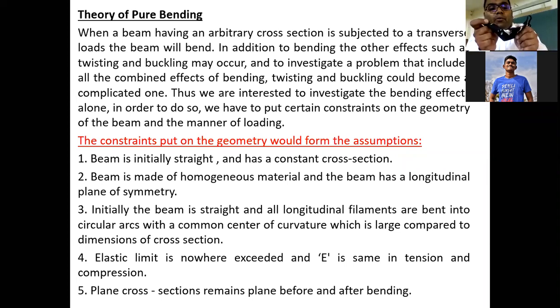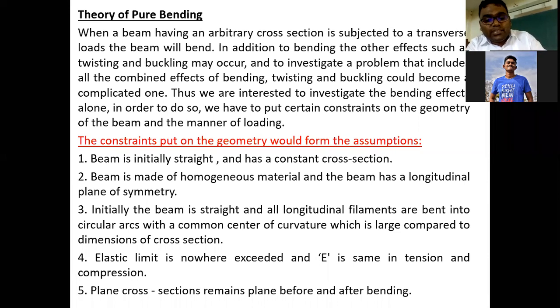All filaments bend with a common center of curvature, which is large compared to the dimension of the cross section. If I bend this, the radius of curvature lies somewhere in the air, in the upward direction, so this dimension is much higher than the other dimensions of the beam.